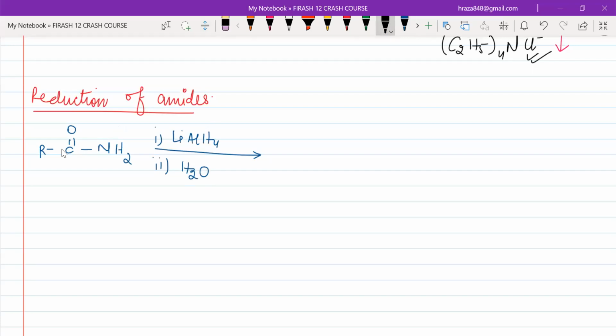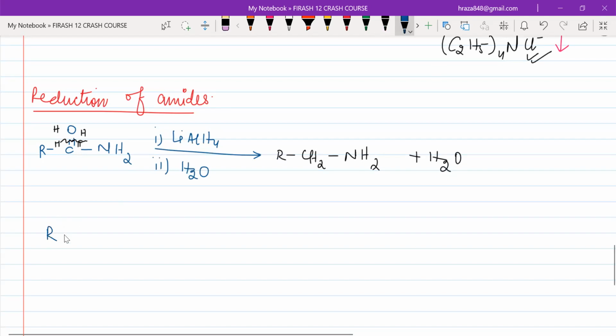So how will the reduction take place? First, this bond will be broken, hydrogen will be added to oxygen and carbon. Another bond will also be broken, and in this way, you can easily convert this into amine, and H2O will be eliminated. So I think the reaction is quite easy, right?